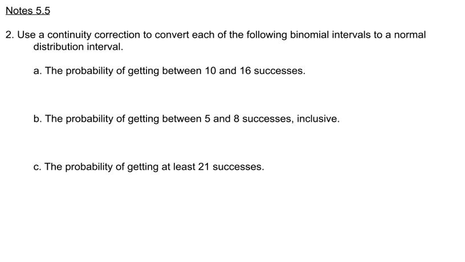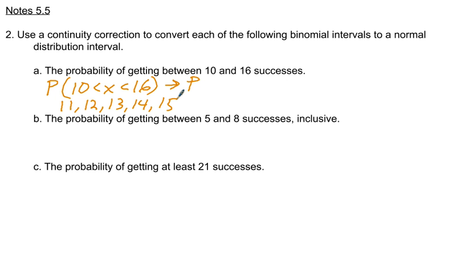All right. So we want to use a continuity correction to convert each of these binomial intervals to a normal distribution interval. So in part A, we're looking at the probability of getting between 10 and 16 successes. So we want between 10 and 16. Now we have to do a continuity correction on this. First I'm just going to list out the values we're interested in. This would be 11, 12, 13, 14, and 15.